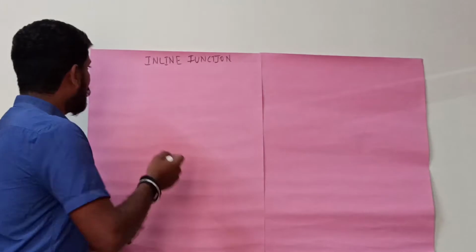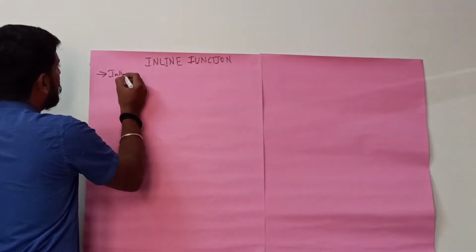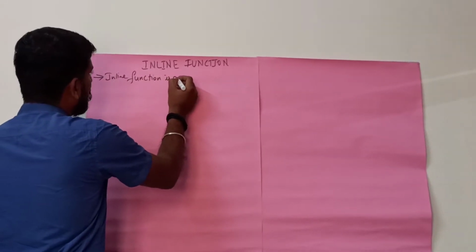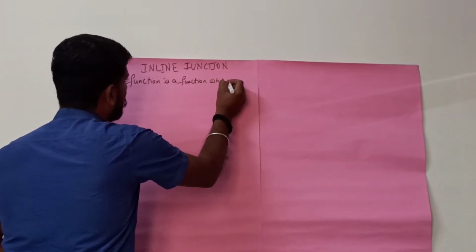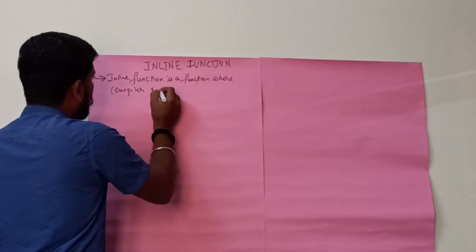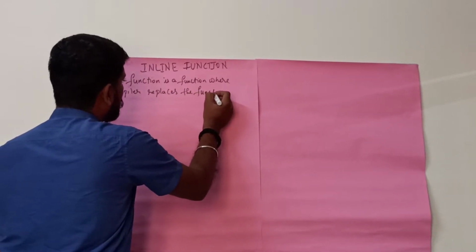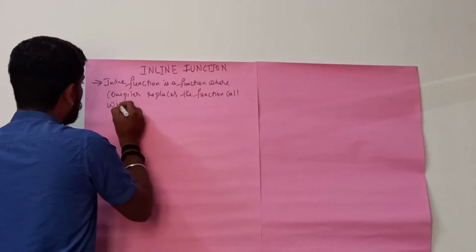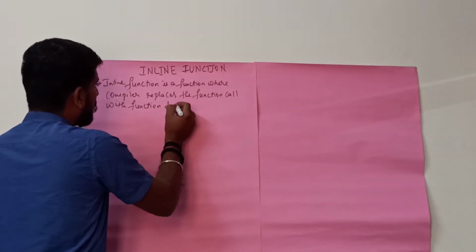Okay, so let us write the definition. I'll write the definition firstly. Inline function is a function where the compiler replaces the function call with the function definition.